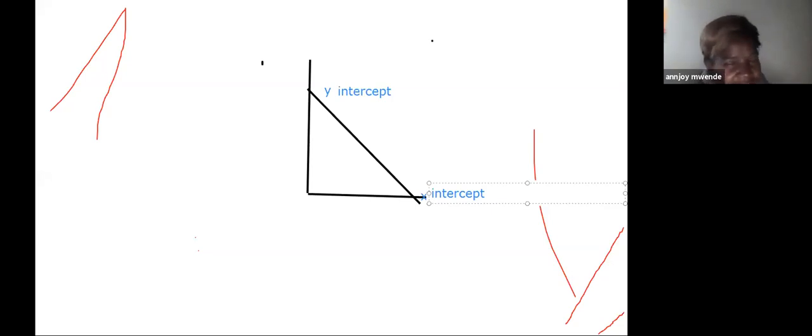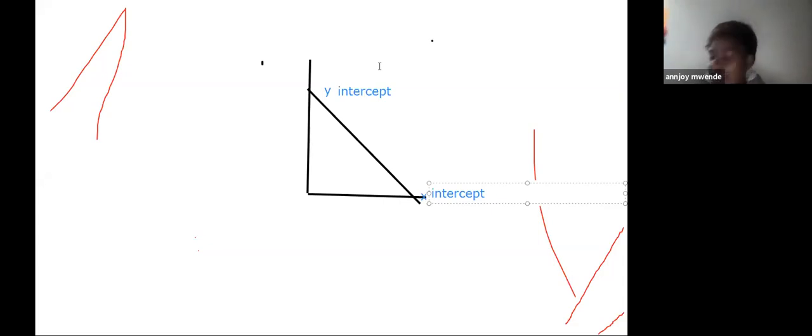So the y-intercept will be (0, -3) and the x-intercept will be (-1.5, 0), because when you have the y-intercept, the x value is 0, and when we have the x-intercept, the y value is 0.